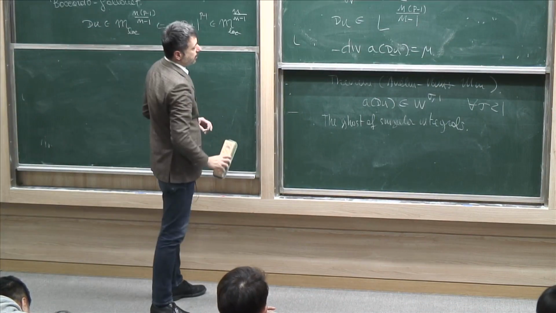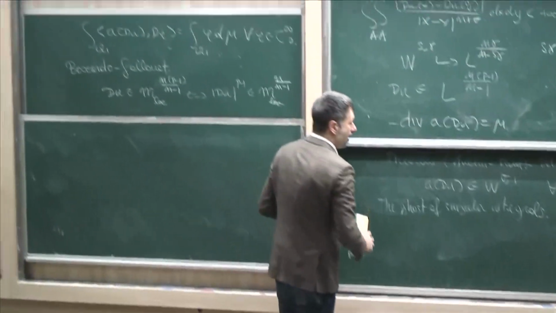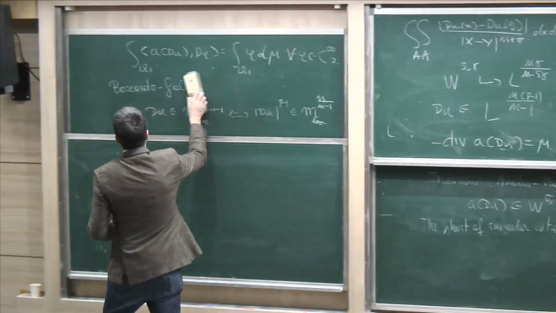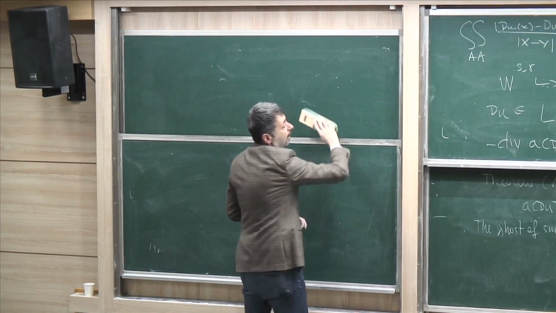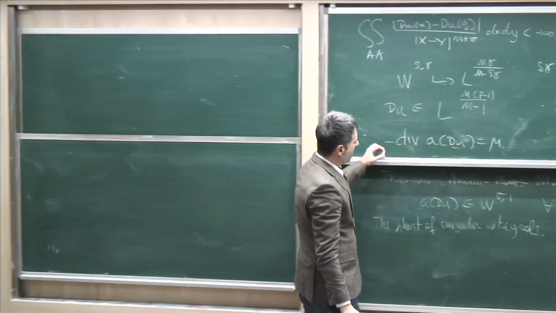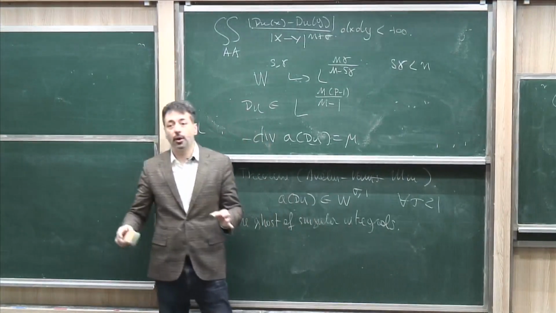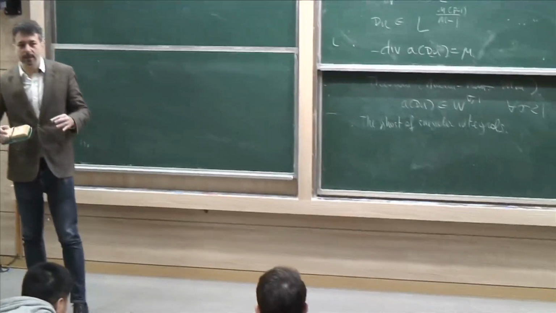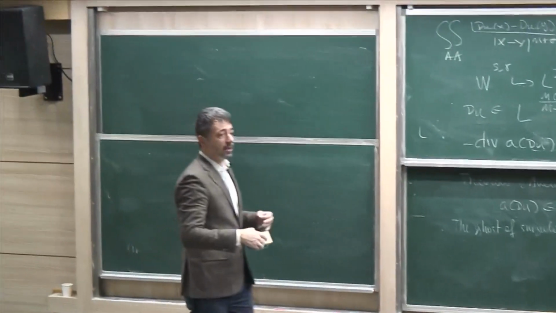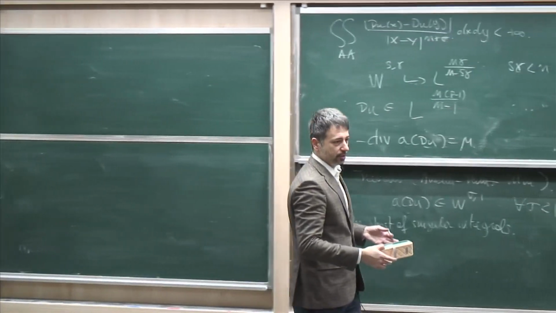When we go to nonlinear potential theory, we get even more surprising results, because now we will see how, in a certain sense, to reduce the whole regularity theory of nonlinear degenerate equations to the regularity theory of the Poisson equation.